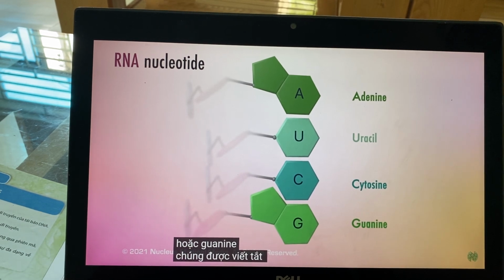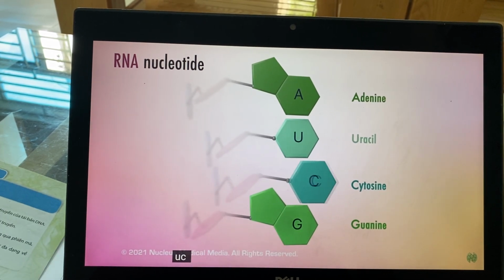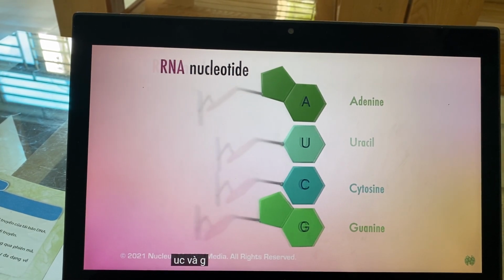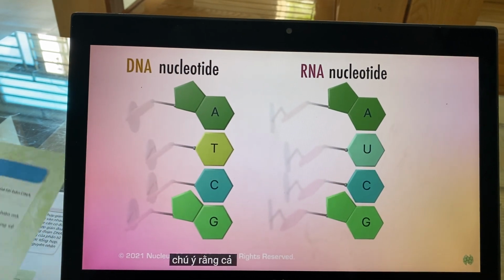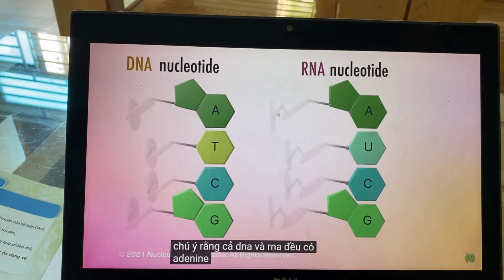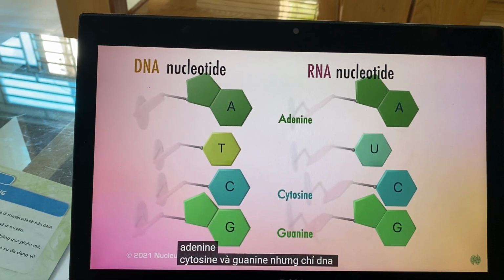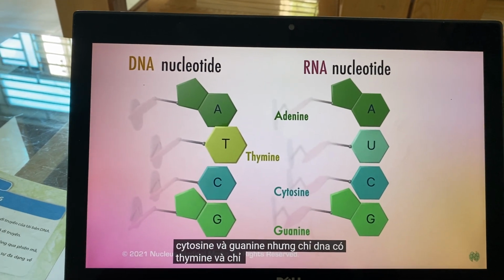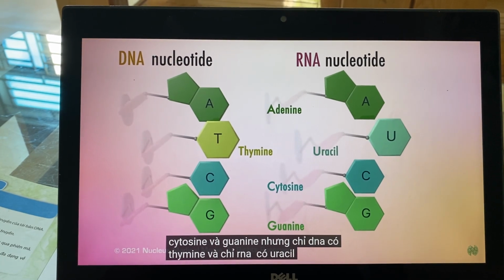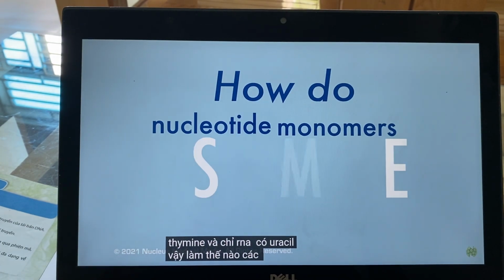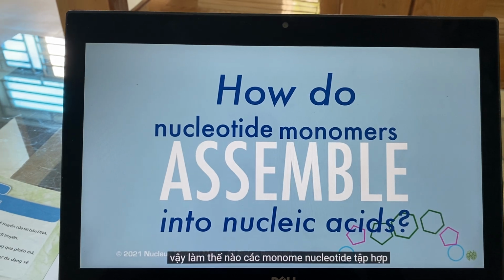They are abbreviated as A, U, C, and G. Notice that both DNA and RNA have adenine, cytosine, and guanine, but only DNA has thymine, and only RNA has uracil.